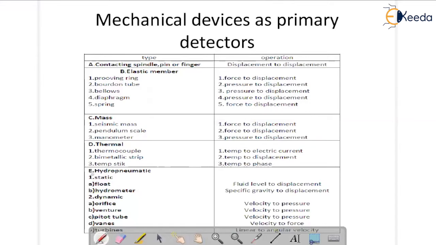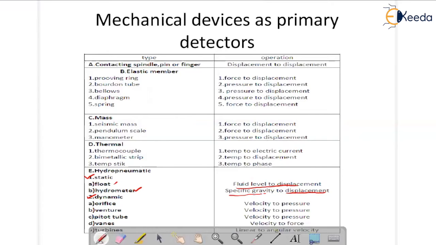Next, coming to the last type, hydropneumatic. In hydropneumatic, you have static and dynamic. In static, you have float type and hydrometer type. The float converts fluid level to displacement, and the hydrometer has the operation of specific gravity to displacement.